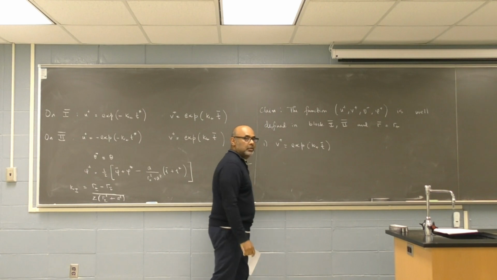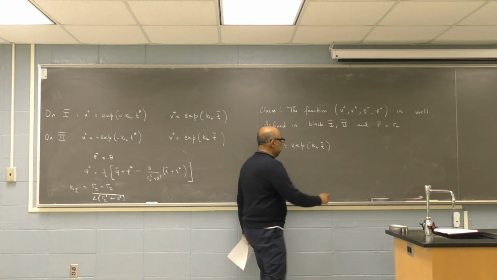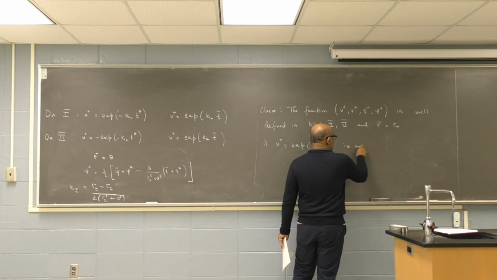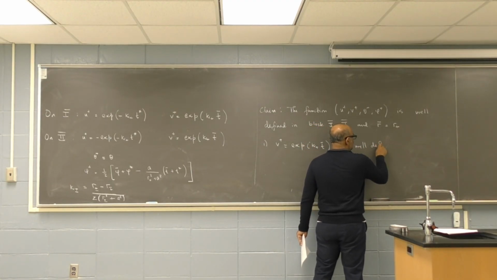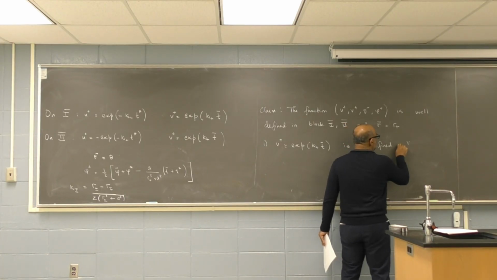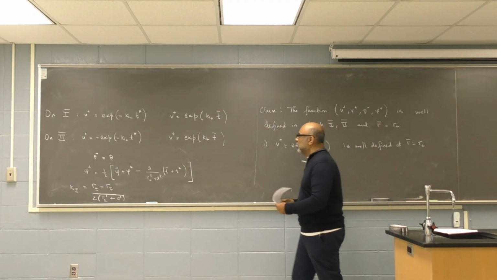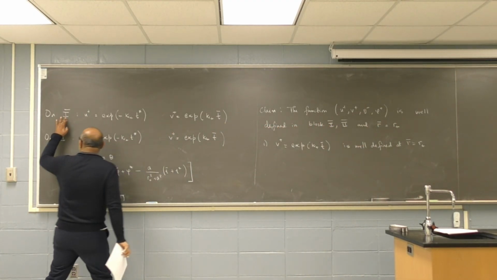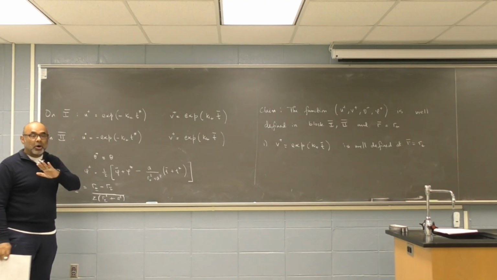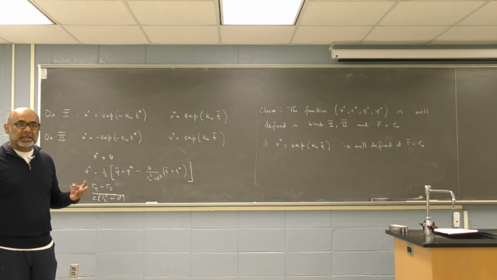T bar is well defined in the bar coordinate system. So this is 1 bar and 2 bar, which means all the bar coordinates are well defined. By definition, T bar, R bar, theta bar, phi bar are well defined.